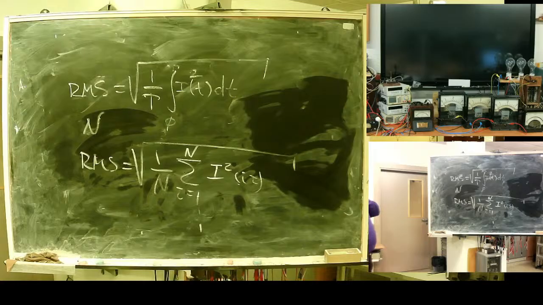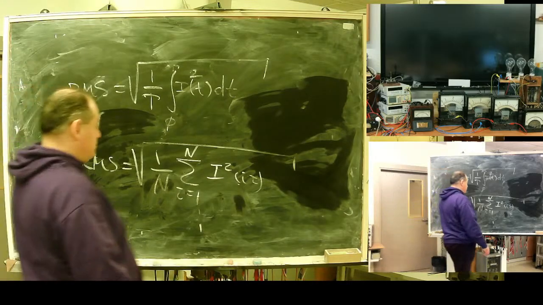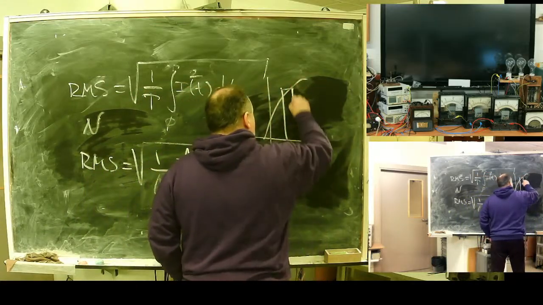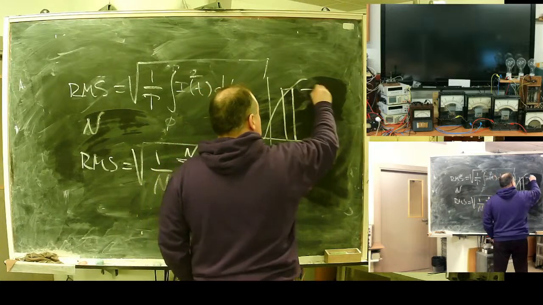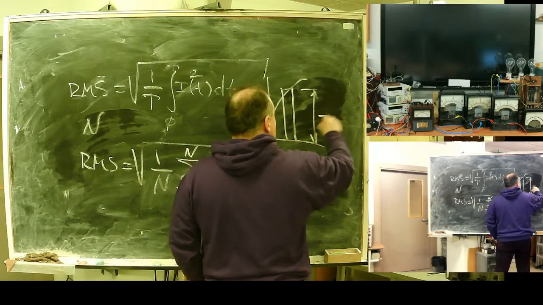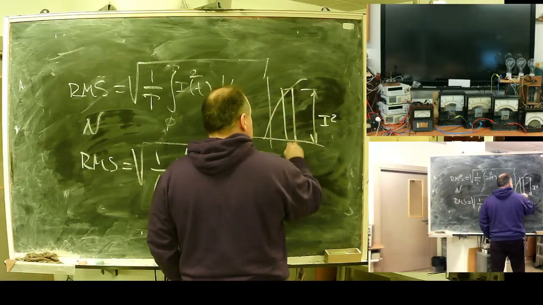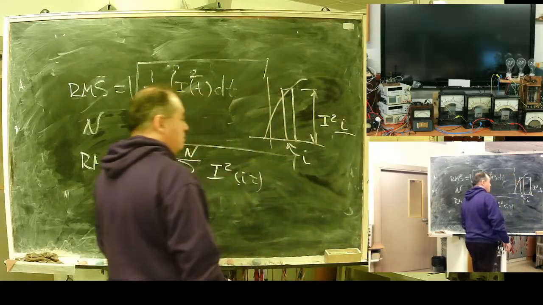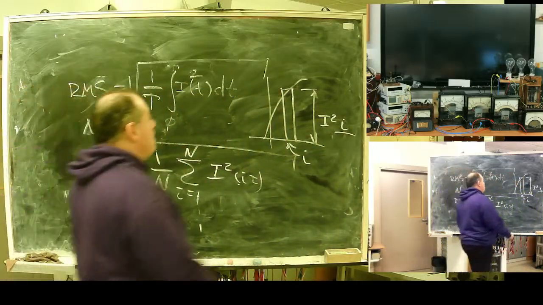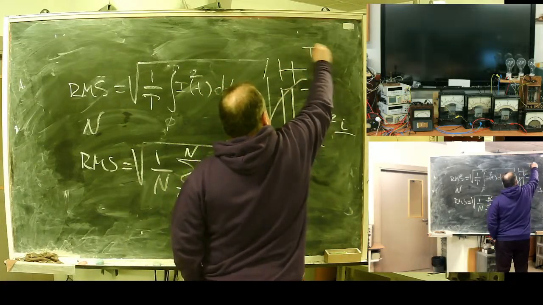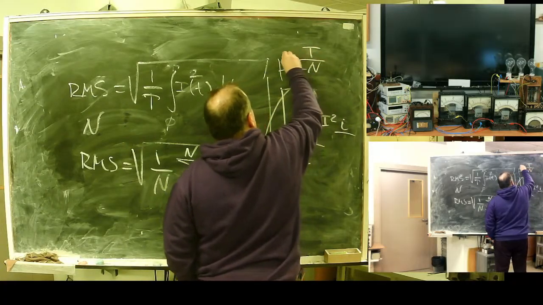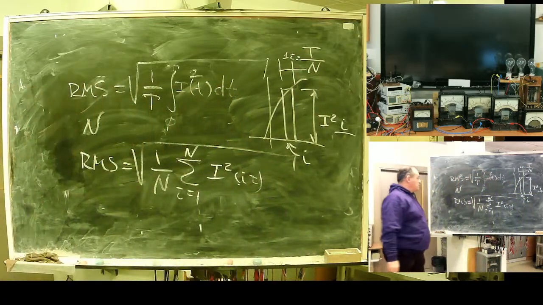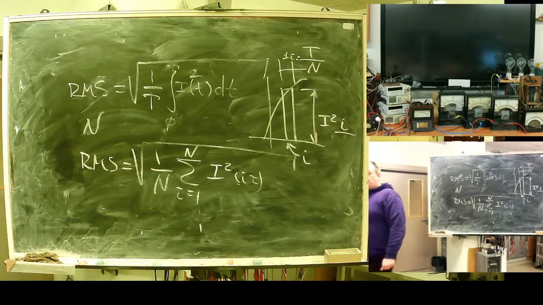How can I get it? Because this dimension is i squared. If this is measurement number i, it will be the i-th measurement squared, and the width is the period divided by the number of points, tau. Fine formula. You like this formula?